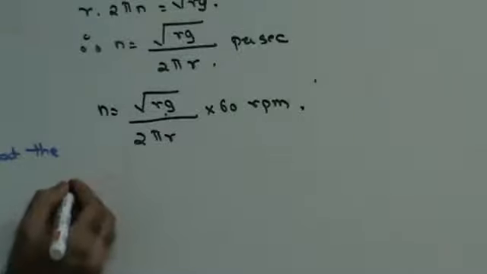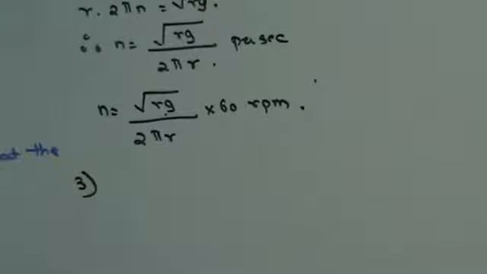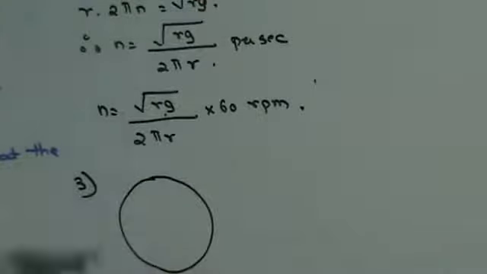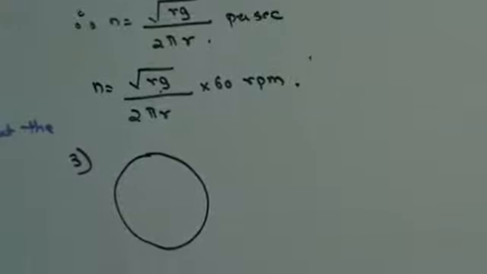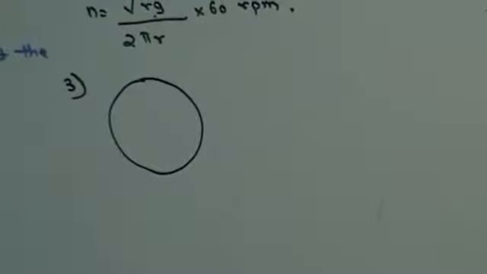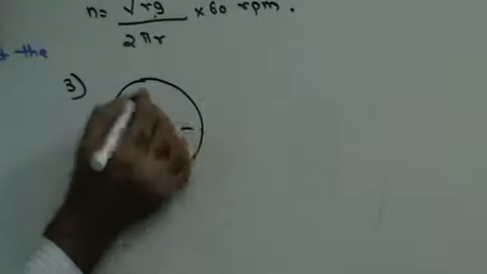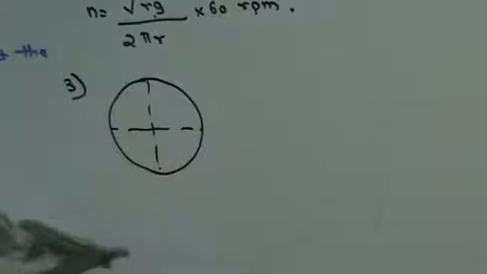Let's see another sum, guys. A stone of mass 4 kg is revolving in a vertical circle at the end of a string 2 meters long.